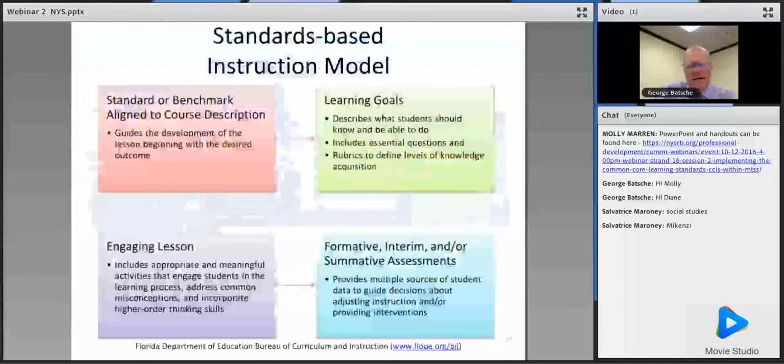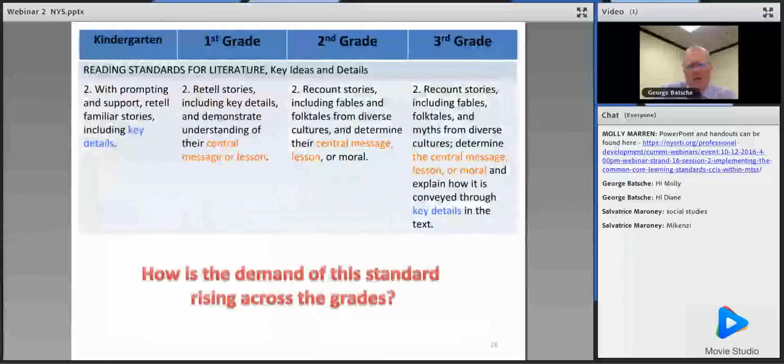So what's important, and when I was in the position of a building principal, it was important for me to have discussions with the kindergarten teachers that what they are teaching kids in kindergarten around comprehension, key details, is the same skill necessary in 12th grade.